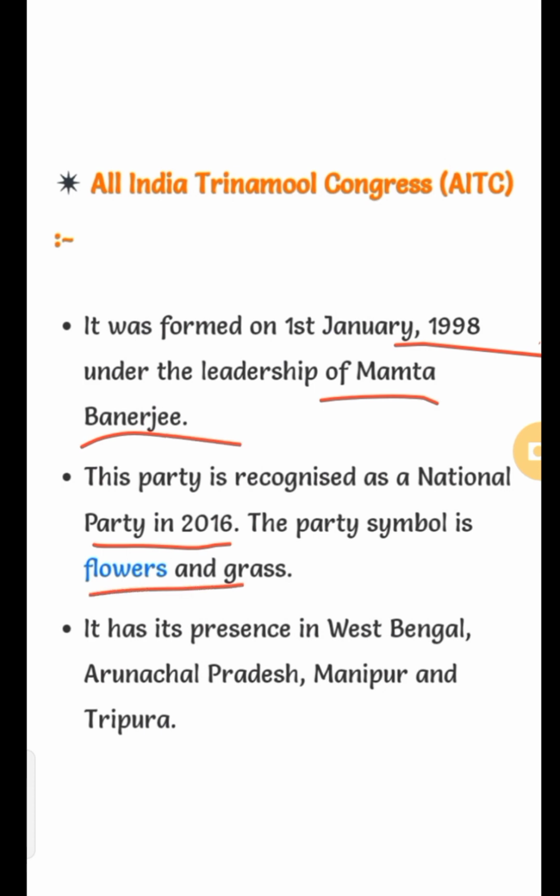Its symbol is flowers and grass, and it has its presence in West Bengal, Arunachal Pradesh, Manipur and Tripura. Nothing much about this party, so it can't be asked for 3 marks, but in general for 1 or 2 marks for MCQs and all, you must remember its symbol, who formed it, when it was formed, and where is the basic base of this party, that's West Bengal.